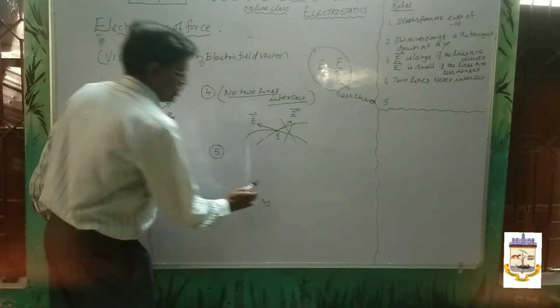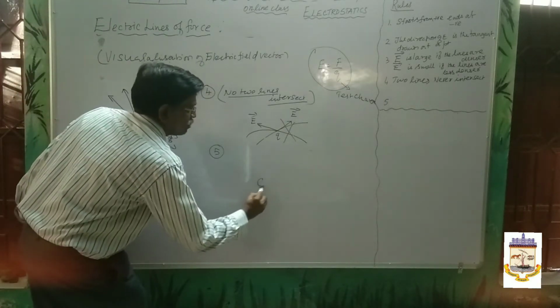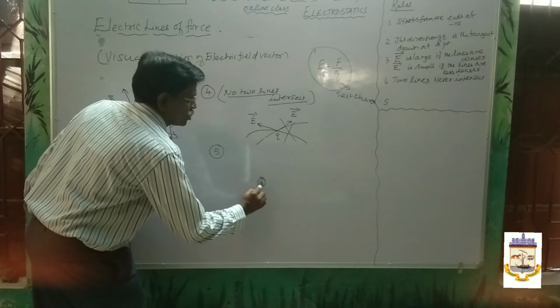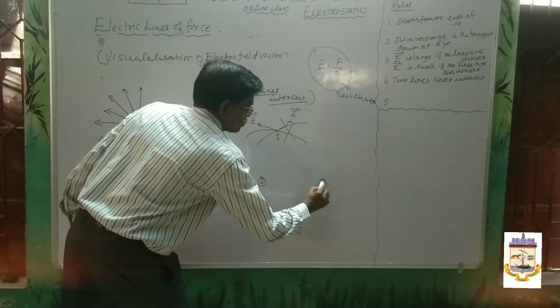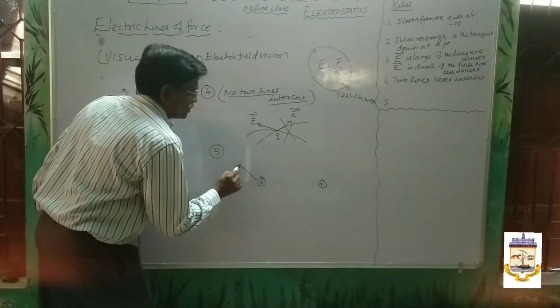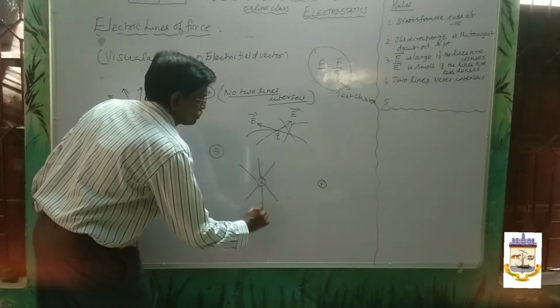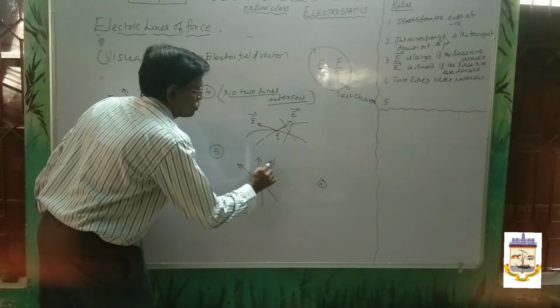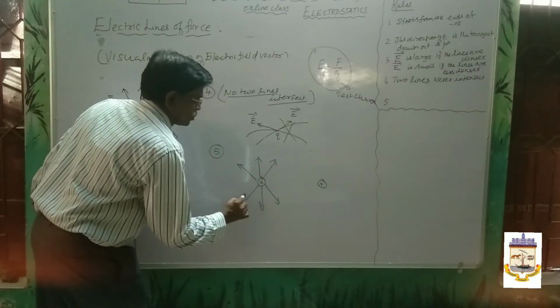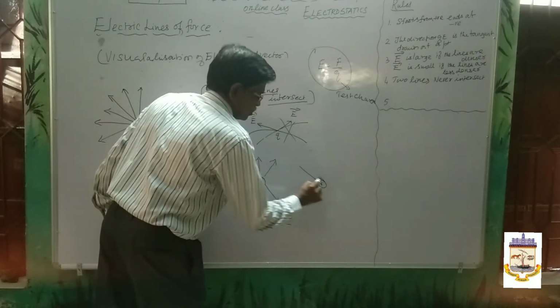Say, now you assume this case. I am drawing. This is a positive charge. This is another positive charge. Here the lines, let me take, these are all the lines, 1, 2, these are lines.